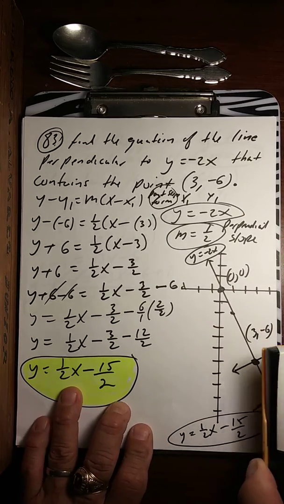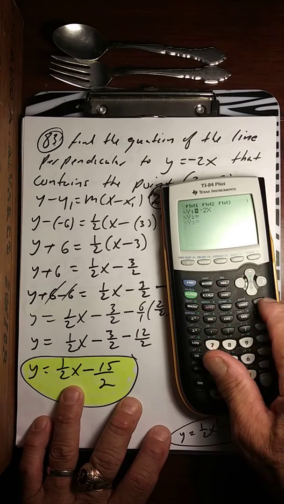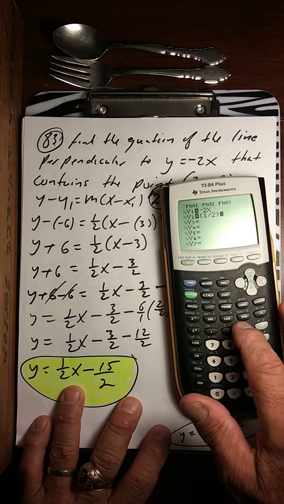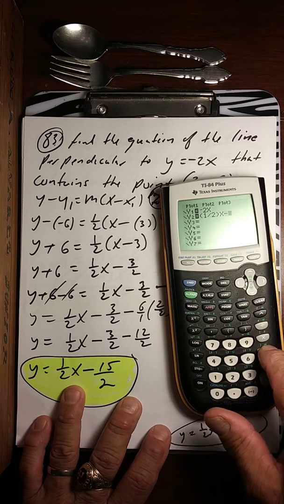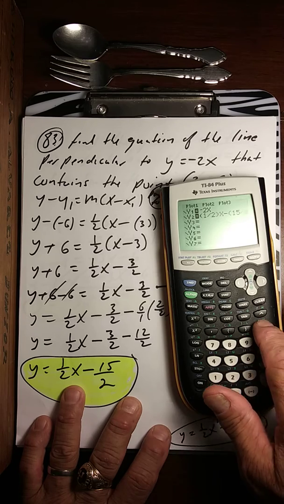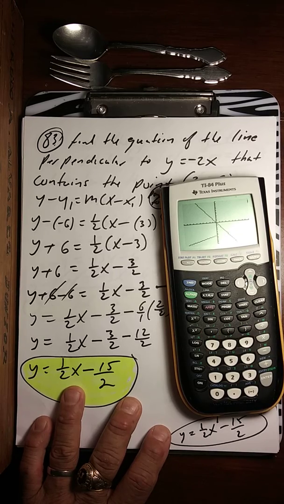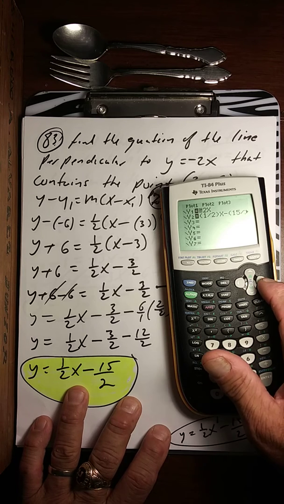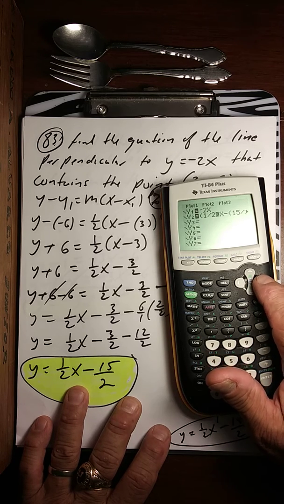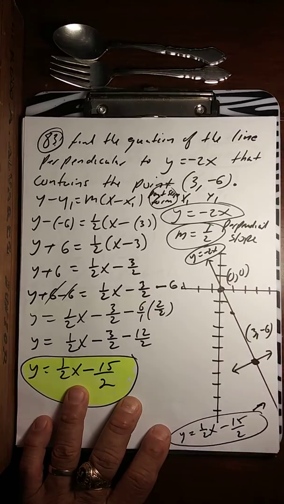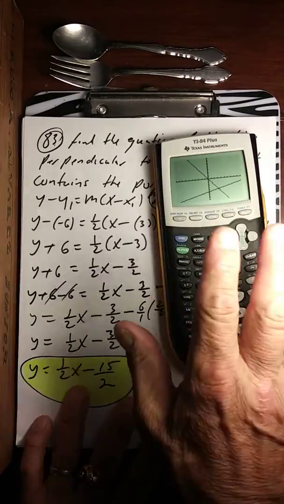And the other one is 1 half x minus 15 over 2. I think so. Let's see. Close enough. So now, it's supposed to be perpendicular, like this. The graph's a little bit off, but that's fine. That's what it is.